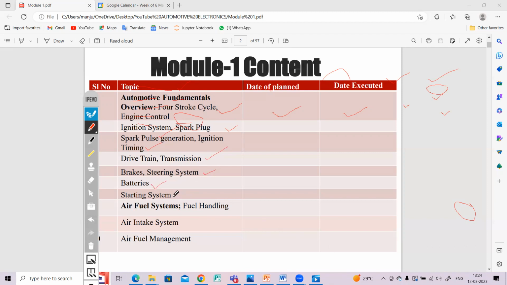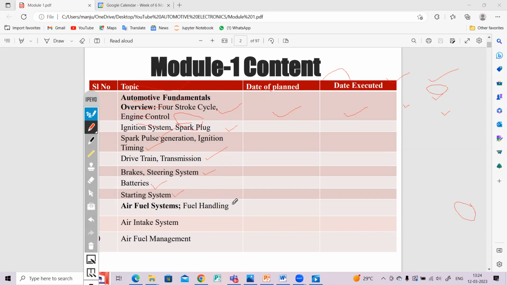The battery plays an important role, and the steering system. So all this comes under the vehicle spares. And after that, even the air plays an important role in maintaining the engine.